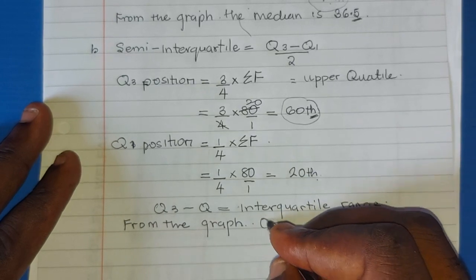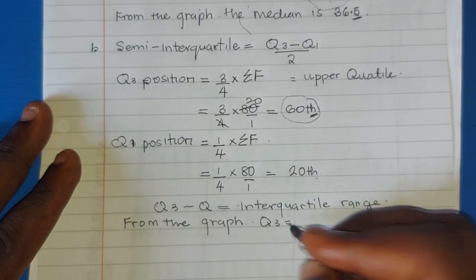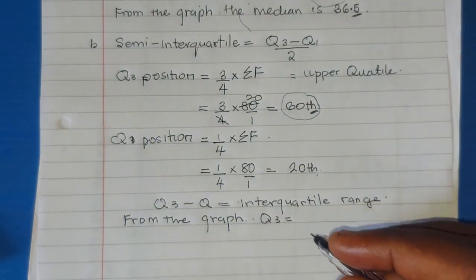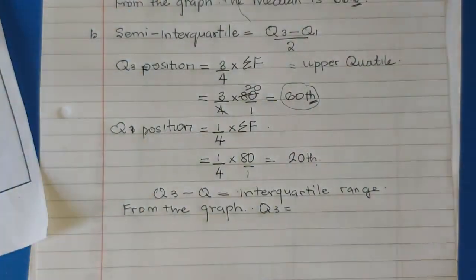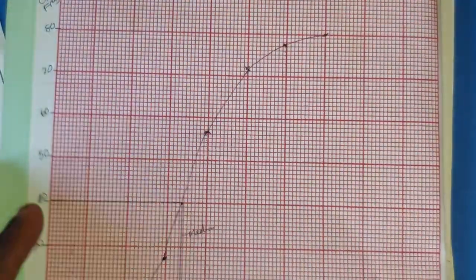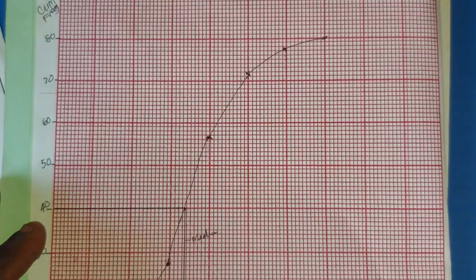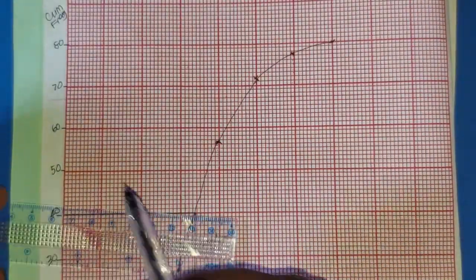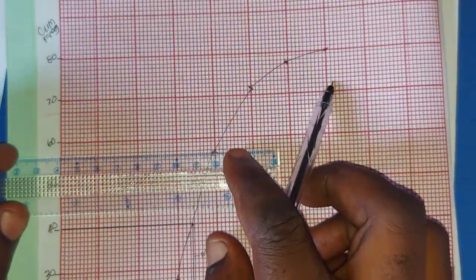From the graph, Q3 is estimated as follows. You go to the graph and go to 60. This is where you have your 60.